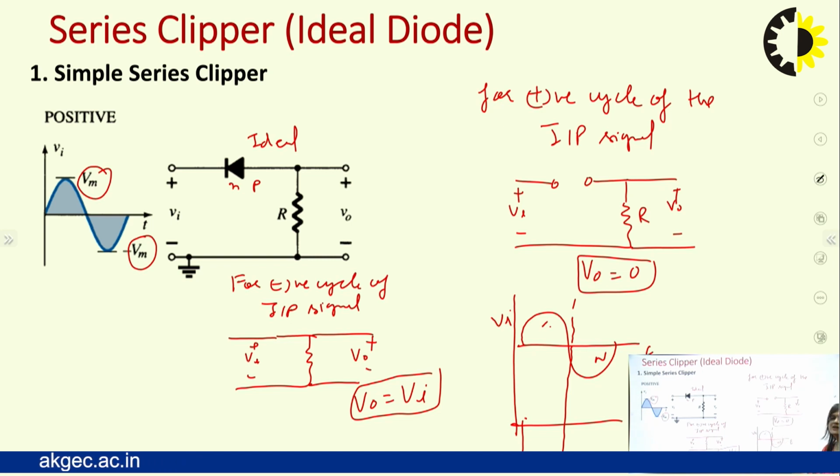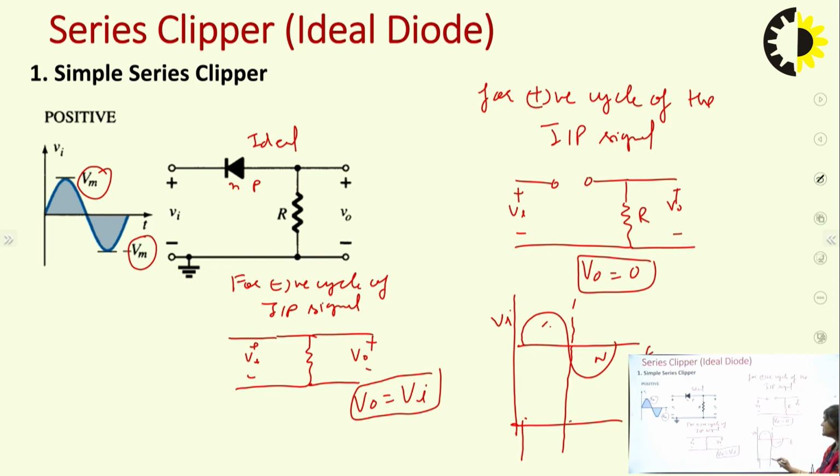For this cycle we get 0 output, and for this cycle we get the same as our input. The input is a sine wave, so the output would be like this. We can see that in the output the positive cycle of the input signal has been removed. That's why it is called a positive clipper, because the positive cycle has been removed.